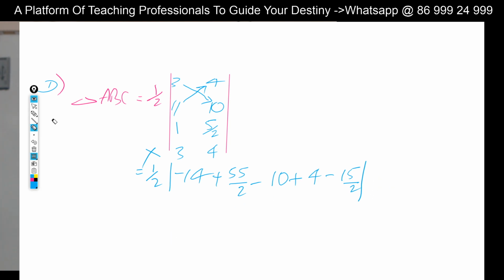You may be thinking that it is taking more and more time, but if you practice it, it will take less time. This is minus 20, and it is 40 by 2, plus 40 by 2, plus 20. It is 0, so your answer is D.